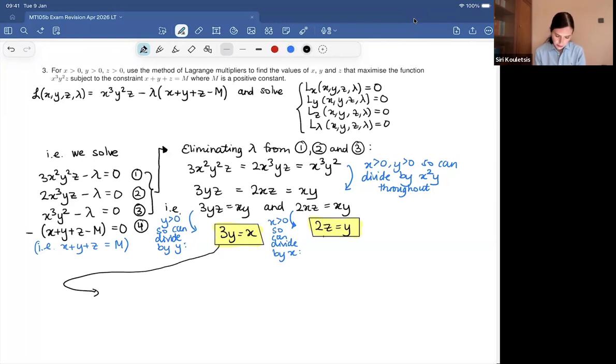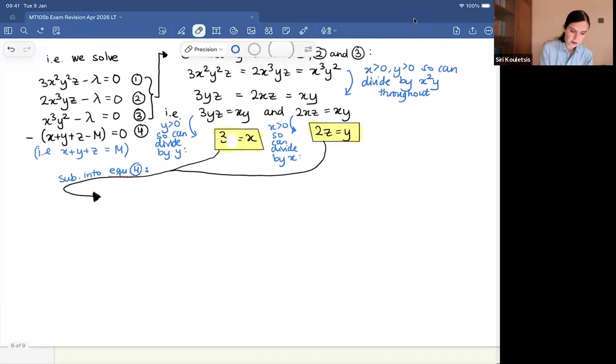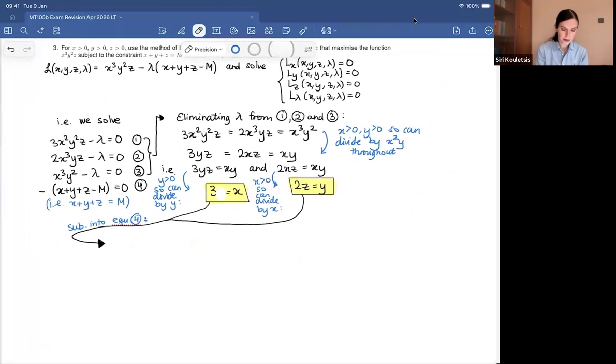So both of these here will be substituted into equation 4. Right, so sorry, I've written down the wrong thing, it should be 3z equals x here.